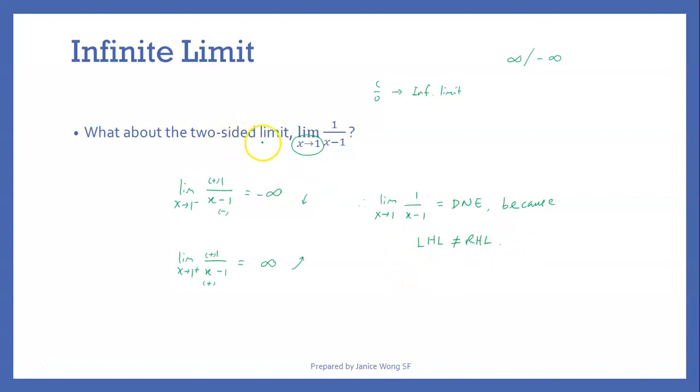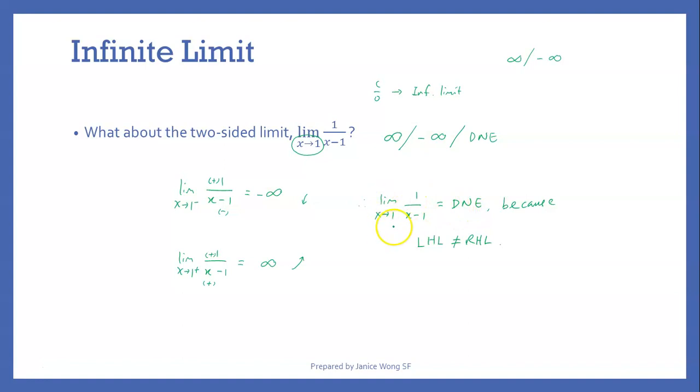So for a two-sided limit, when we do the direct substitution, and if we get a constant over 0 case, the answer could be infinity, negative infinity, or DNE. We need to come up with the one-sided limits in order to draw the conclusion. In this case, one is negative infinity, another is positive infinity, two different approaches.